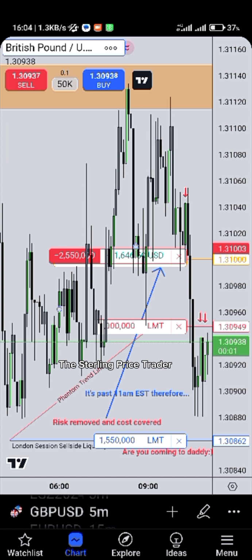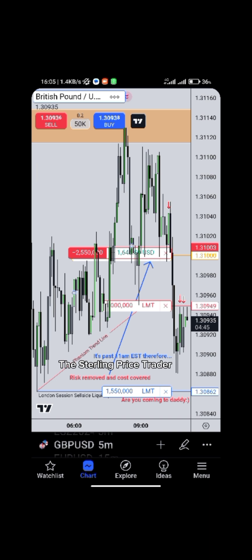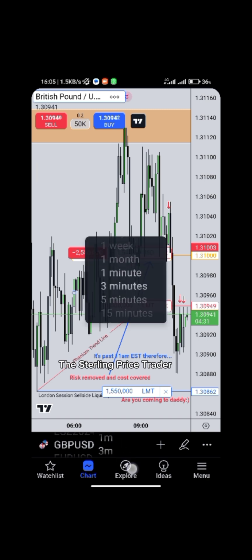I'm still looking at that inefficiency right there. So everything to me is not okay. Are we going to get priced in? 1.30949. Price is just not wanting to book that level. Let's see the 1 minute chart.